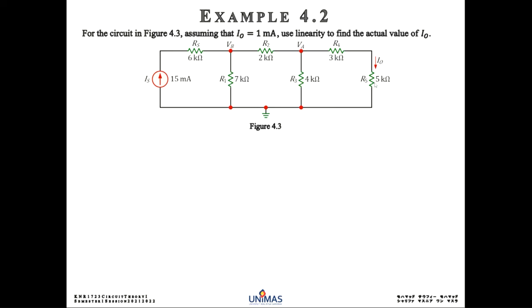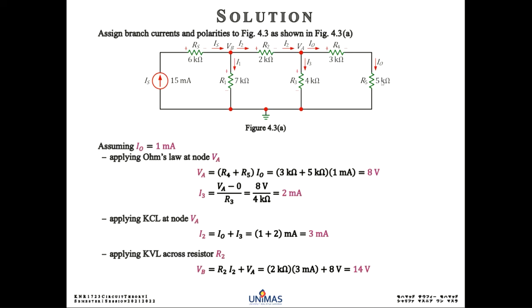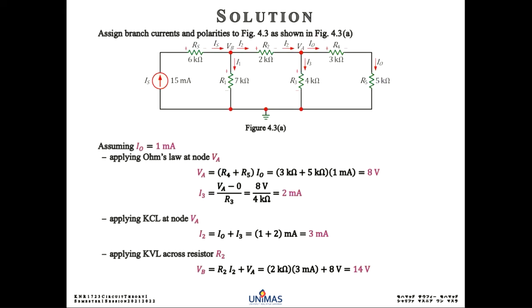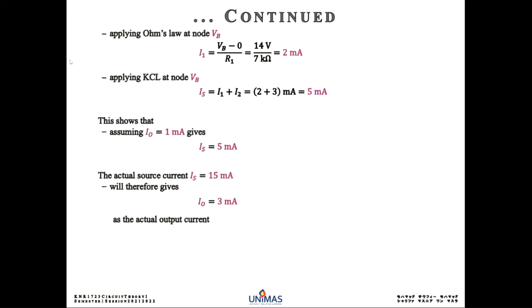So basically what they do here, if you go through the solution later, is assume I naught is 1 milliamp. What would be the Is? If you do that, you go back, back, back, and then lastly you'll get your Is to be 5 milliamps.